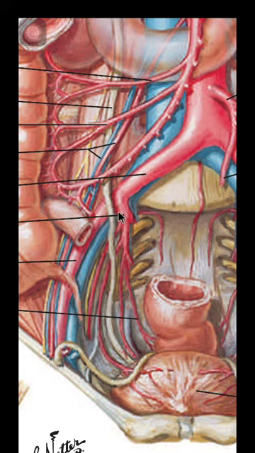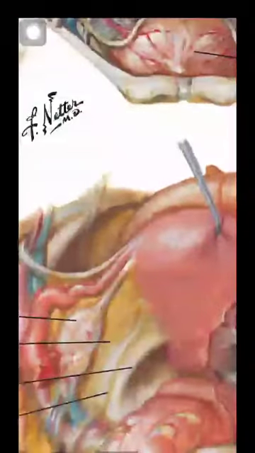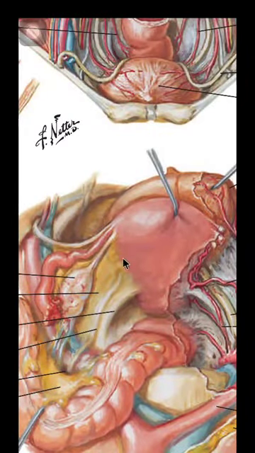The first part, in front. In front, the peritoneum will be there. Then in the female, this is the view. Here is the ureter. This is the uterus.